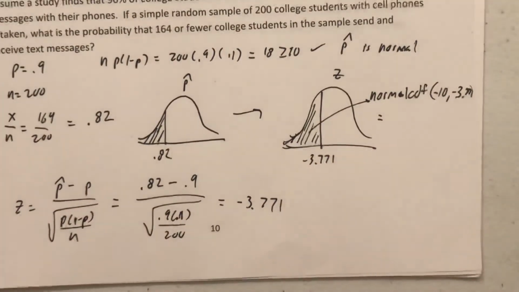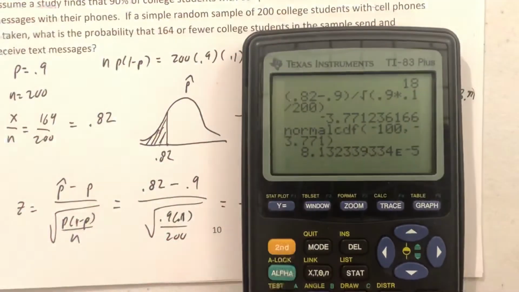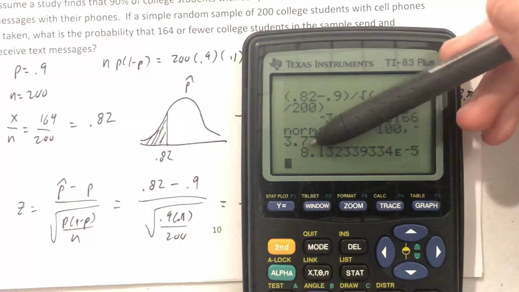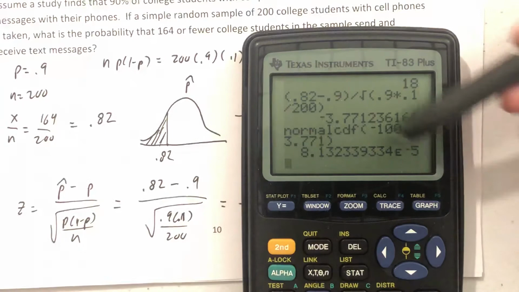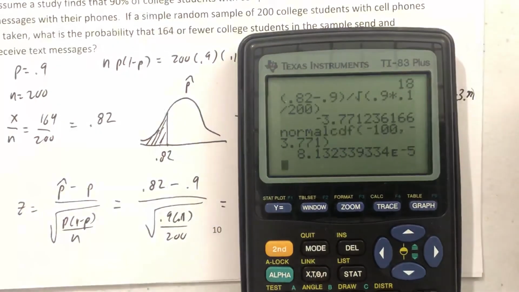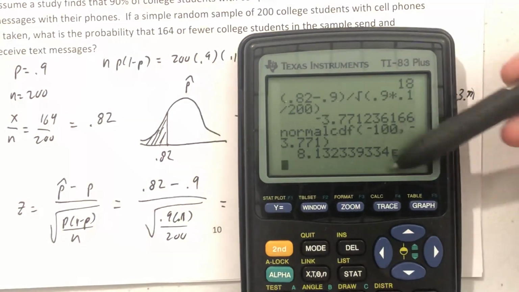And if you type this in your calculator, just to show you here, you get that value. This is not saying the area under the curve is 8.1, right? Look to the end. We know that anything that comes out of normal CDF is supposed to be a probability between 0 and 1. So we've mentioned this in class.